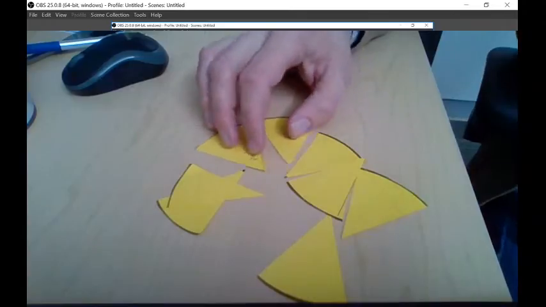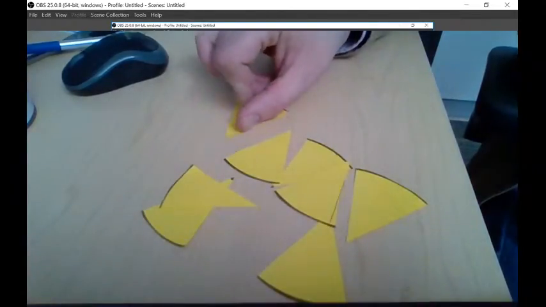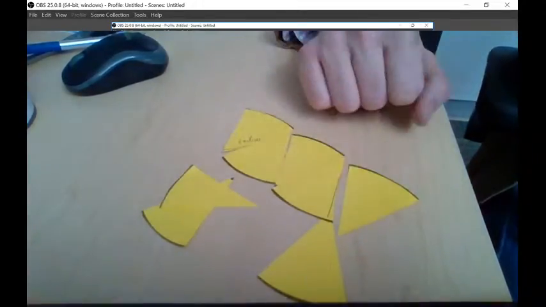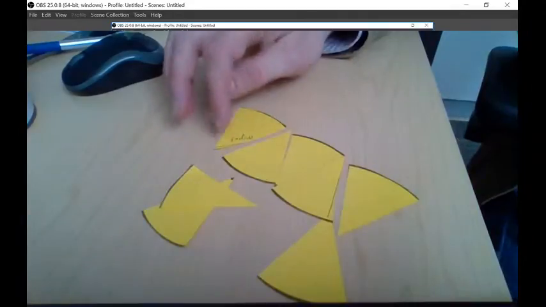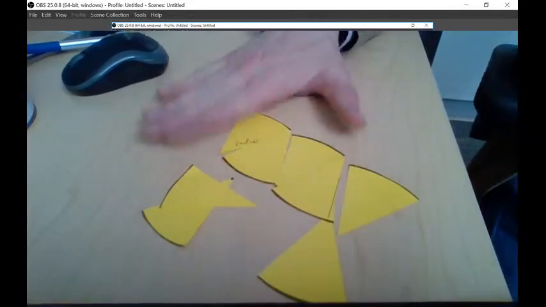So what we're doing is we're taking these pieces, and we're going to see if we can rearrange them into a shape that's easier to find the area of, because I can't find the area of these weird circle bits. I guess they're each like a triangle, but I'm not really sure what the base of it is. So go ahead, give that a try, and let's see how that goes.